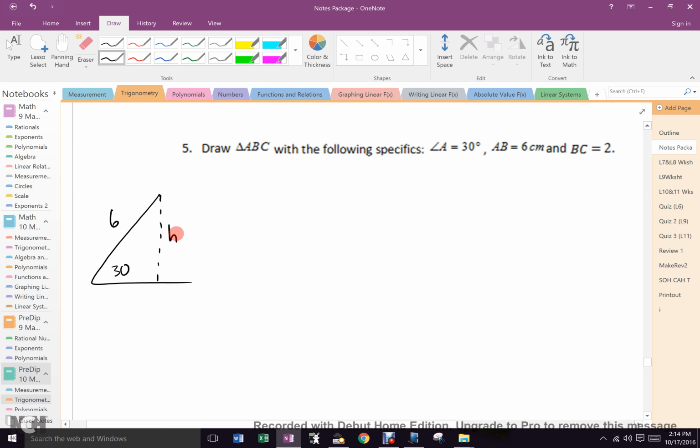There's my H, which of course is an altitude, correct? Now we already know what that altitude is, don't we? What is it? H has to equal what number? 3. Everyone agree? How long is BC? 2.